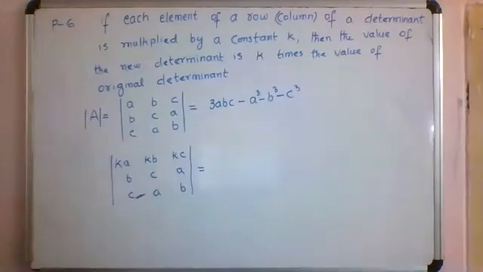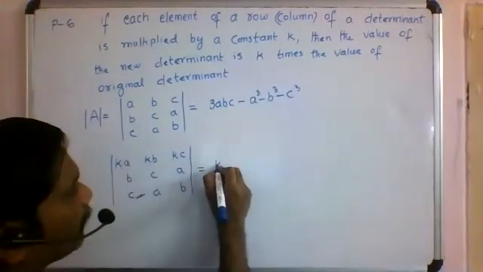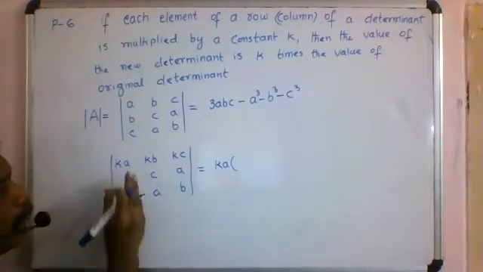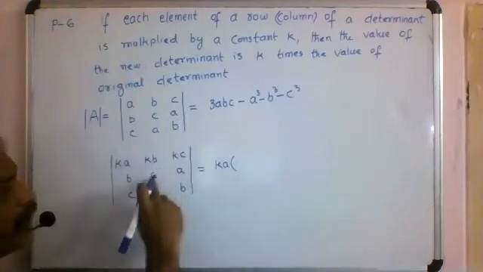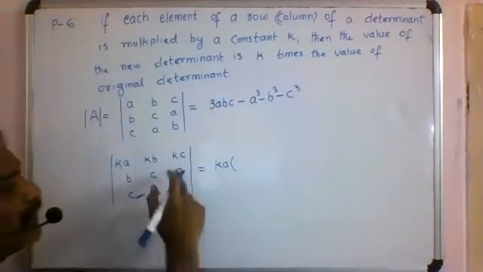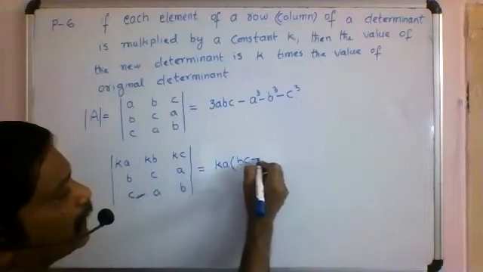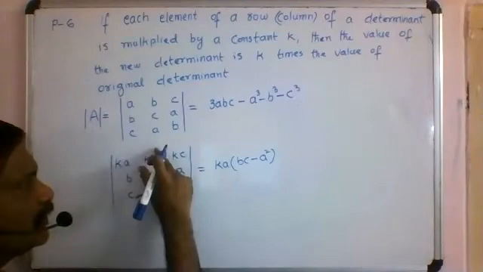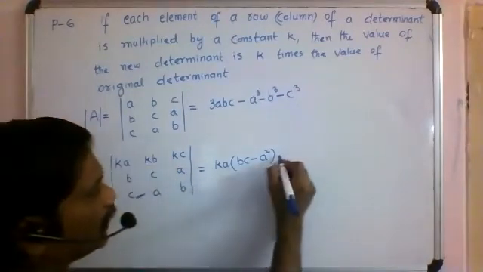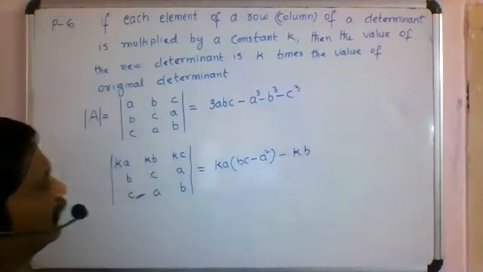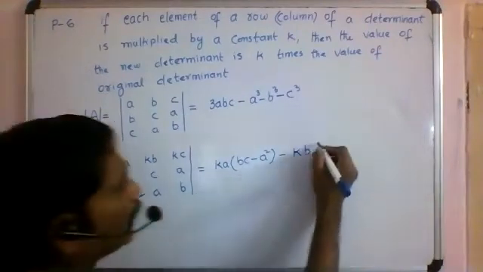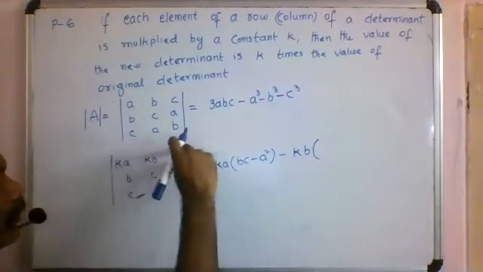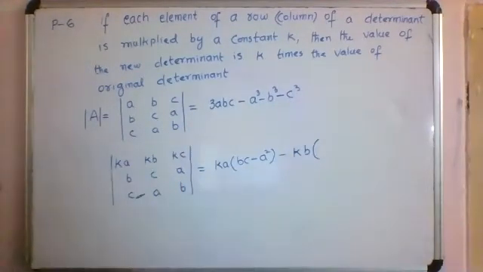Let us expand this through the first row only. Ka into, you delete this column and this row. We are left with CB, which means BC minus A square. We have seen this before. We should keep minus KB, and after that, if you remove this column and this row, you have to do this entire process in your mind itself.